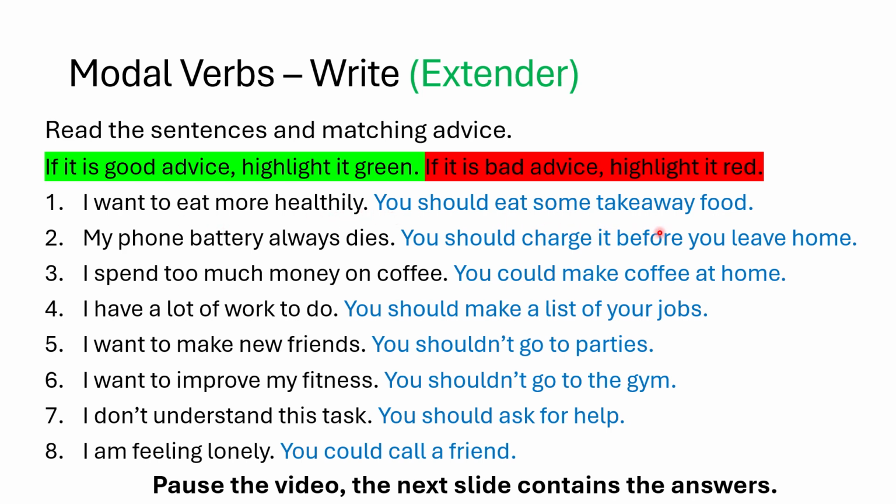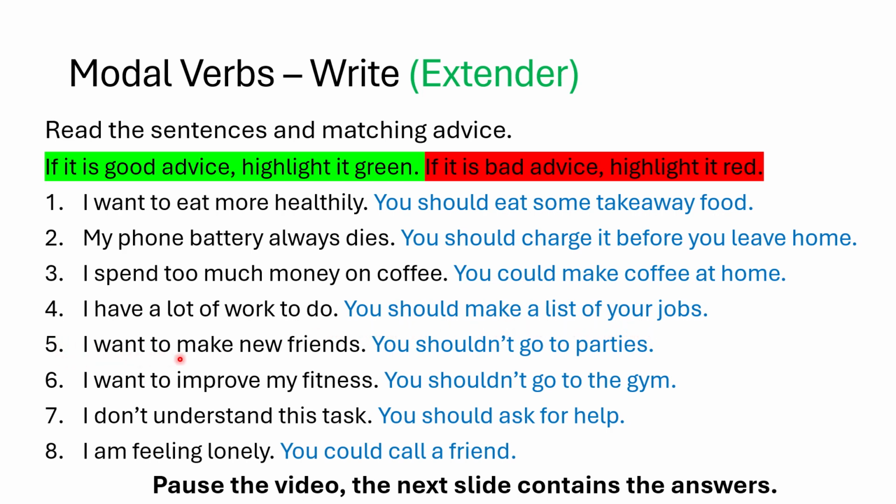You should eat some takeaway food. 2. My phone battery always dies. You should charge it before you leave home. 3. I spend too much money on coffee. You could make coffee at home. 4. I have a lot of work to do. You should make a list of your jobs.